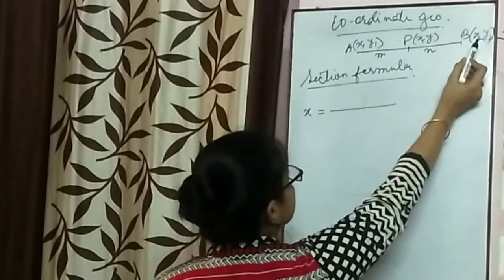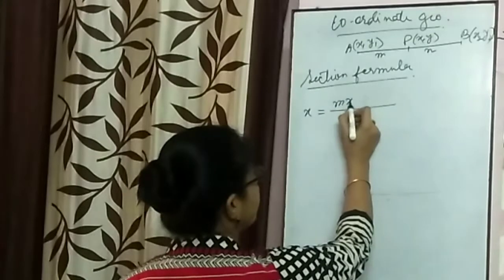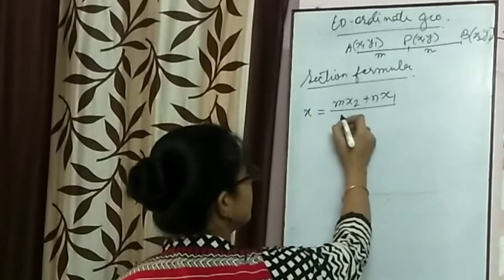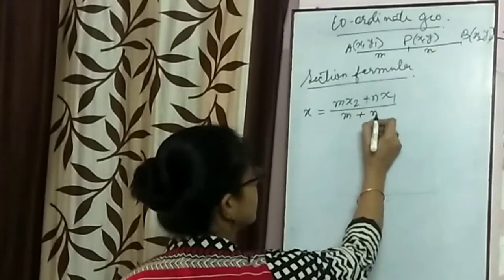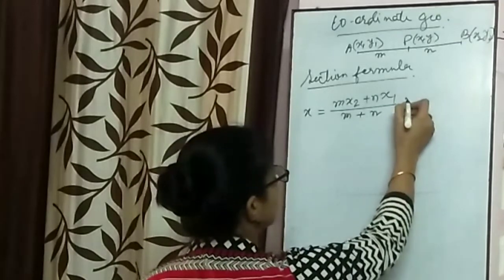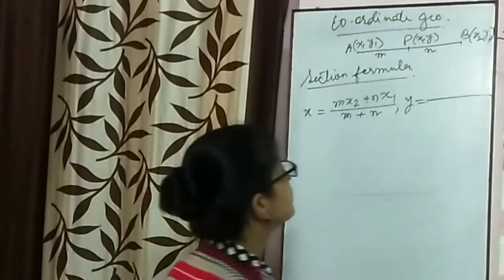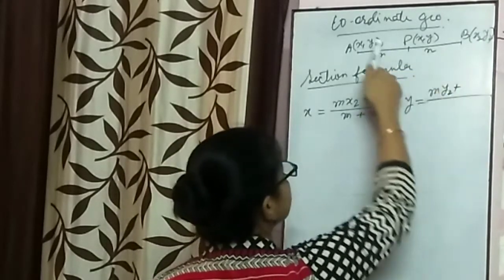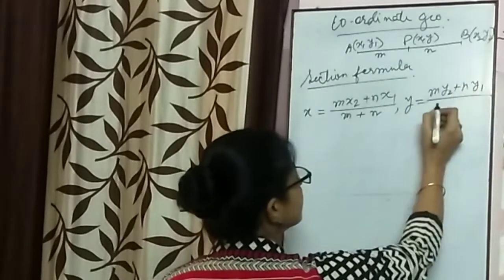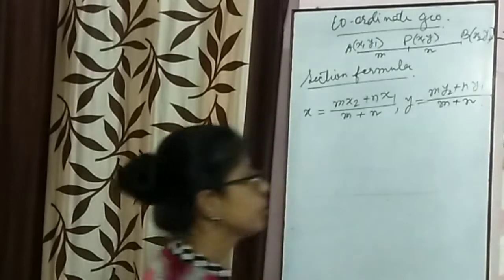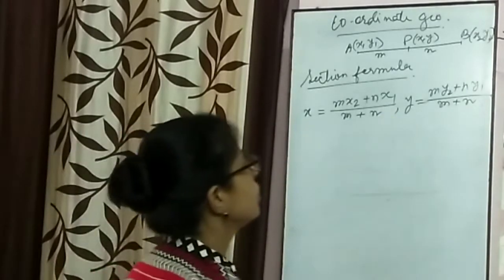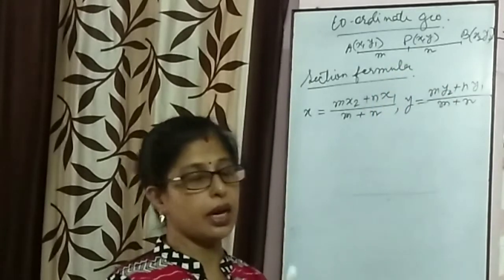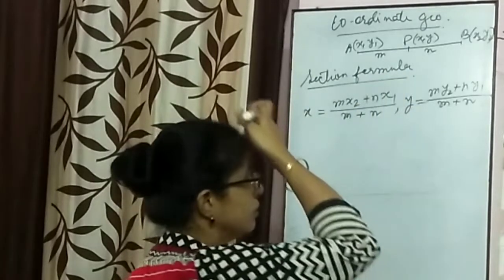By m we will multiply x2, m x2 plus n x1, and below, both the ratios are to be added: m plus n. And when you find y, similarly m y2 plus n y1, over m plus n. So these are the two coordinates of the point which divides the whole line AB in the ratio m is to n.